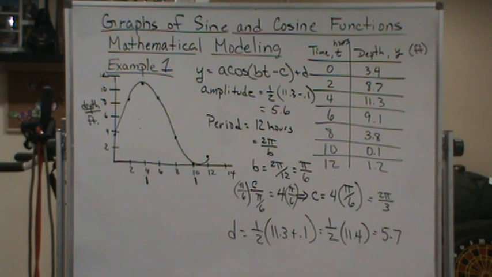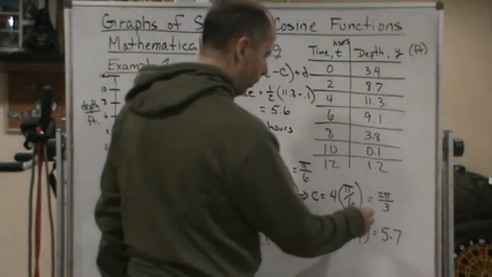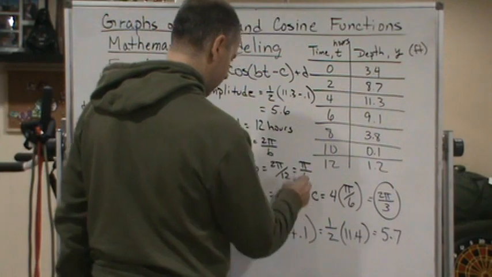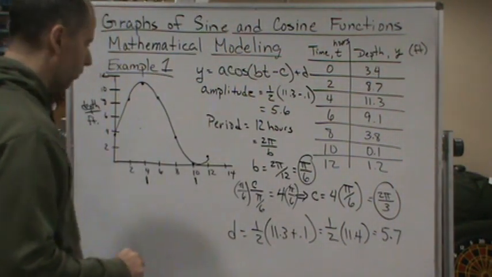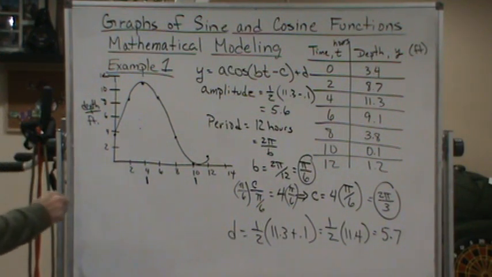All right, so now we've got our values. Again, this is mathematical modeling, so we would estimate these. We've got all the values A, B, C, and D, so now it's just a matter of writing our model.